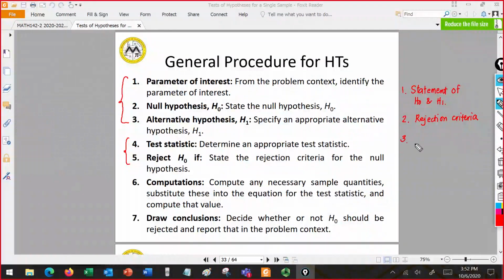Third, mag-iisa na lang at saka yung 4, 6 and 7 respectively. Third and fourth. So, number 6, computations. And the last one, decision.